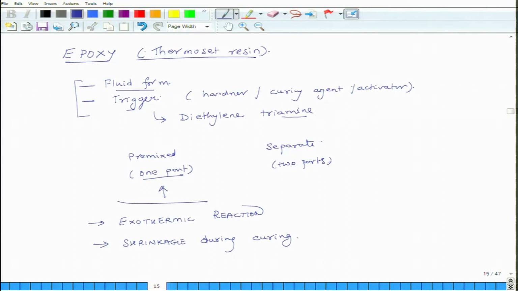And as in the case of polyesters, I forgot to mention this earlier when we were discussing polyesters, the rate of reaction increases exponentially with temperature.